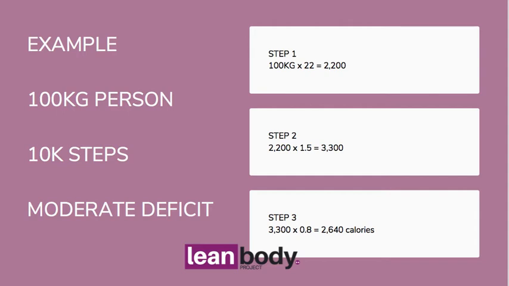We're going to go for 10,000 steps, so 2,200 times 1.5 gives us 3,300. And then our step 3 is a moderate deficit of 20%. 3,300 times 0.8 equals roughly 2,600 calories. So that is our calorie goal for the day, to be in a calorie deficit and to be able to lose weight.